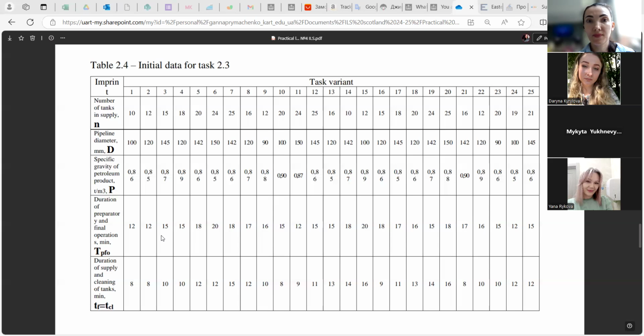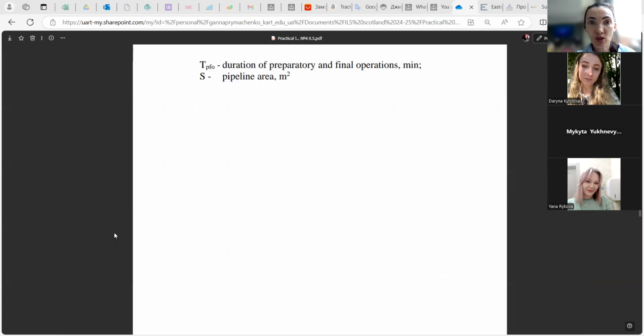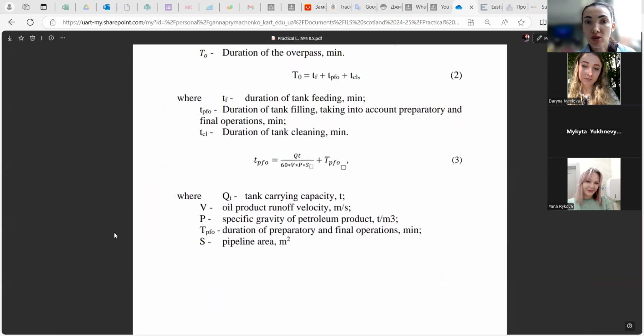Okay. And what was QT? I'm sorry. Your question is about what? Yeah, this is the last parameter in our formula 3, yes? Tank carrying capacity, QT. Little t, what we found in our formulas, yes? QT in our numerator is 60 tons. 60 tons for all variants.